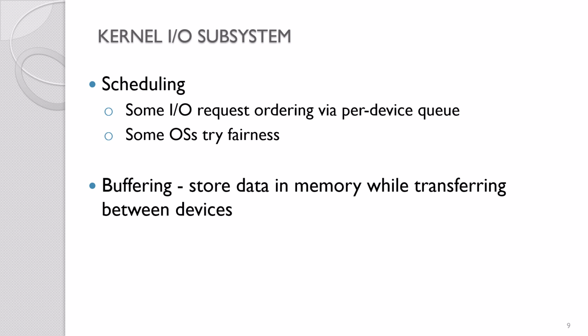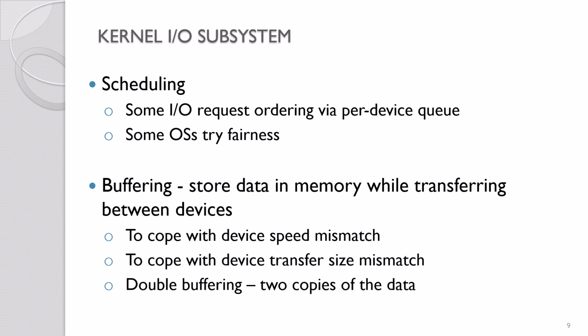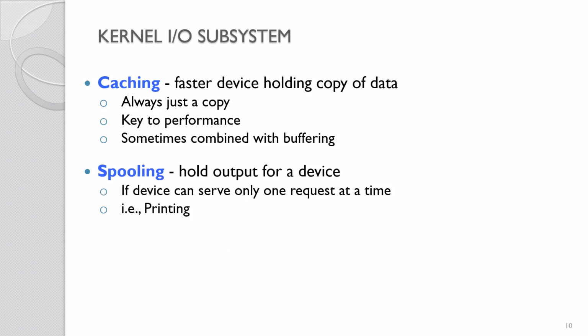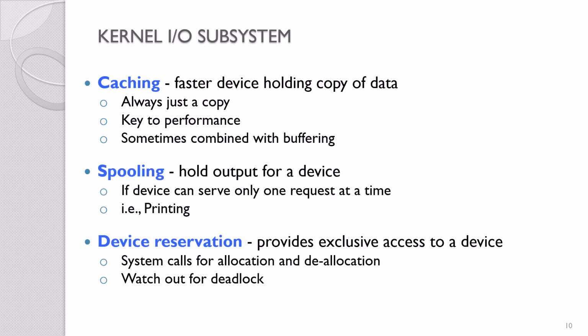And then the operating system will have to put stuff in a buffer because of the varying speeds between your devices, and sometimes there's going to be double buffering, and then you could have those problems where you don't have the most updated copies of data if you have more than one copy. So we already talked about caching and spooling.